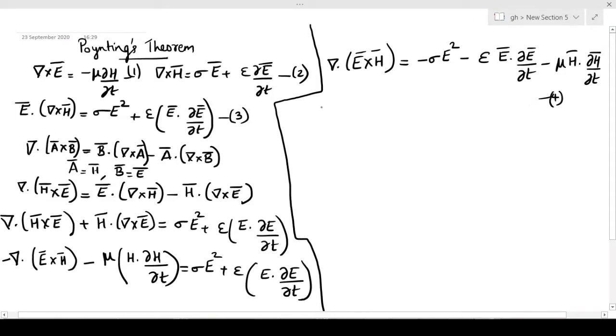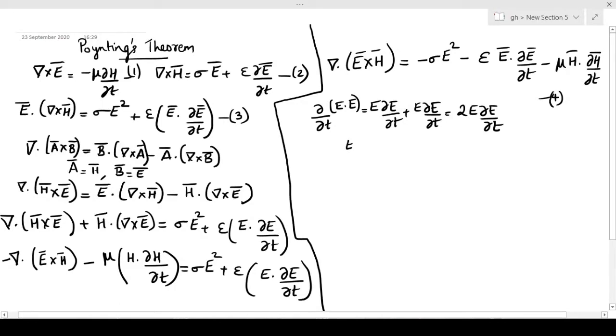And another thing you should know is ∂/∂t of (E dot E) is equal to E ∂E/∂t plus E ∂E/∂t. Right, both E are same. So this you can write as 2E ∂E/∂t. And ∂/∂t of (E dot E) is ∂/∂t of E square.